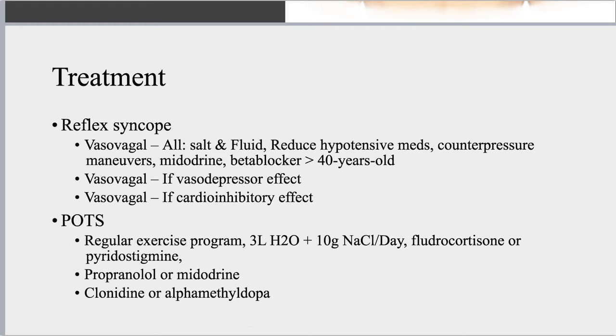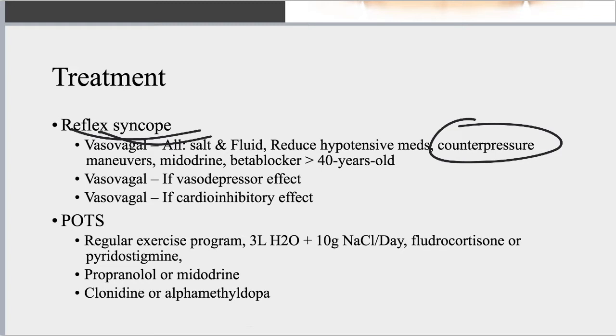Let's talk about treatment now for reflex syncope. For reflex syncope and for orthostatic syncope, your vignette answer is going to be counterpressure maneuvers. This is going to be almost always true for orthostatic syncope, and it's going to be true for half of reflex syncope.